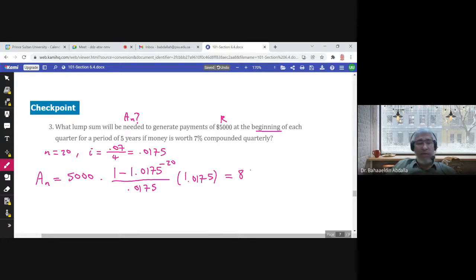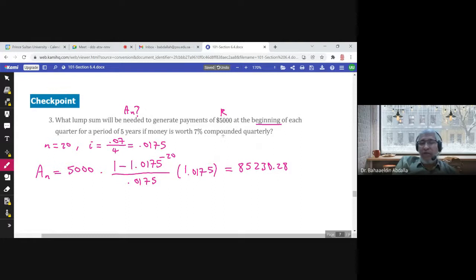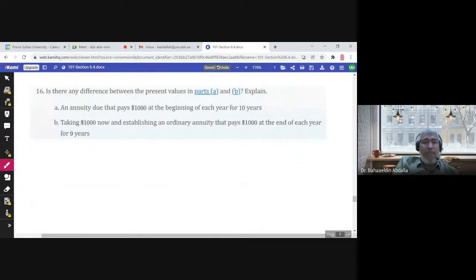The answer is 85,230.28 dollars. So this is the lump sum, or the present value of the annuity, needed to generate 5,000 at the beginning of each quarter for 5 years.